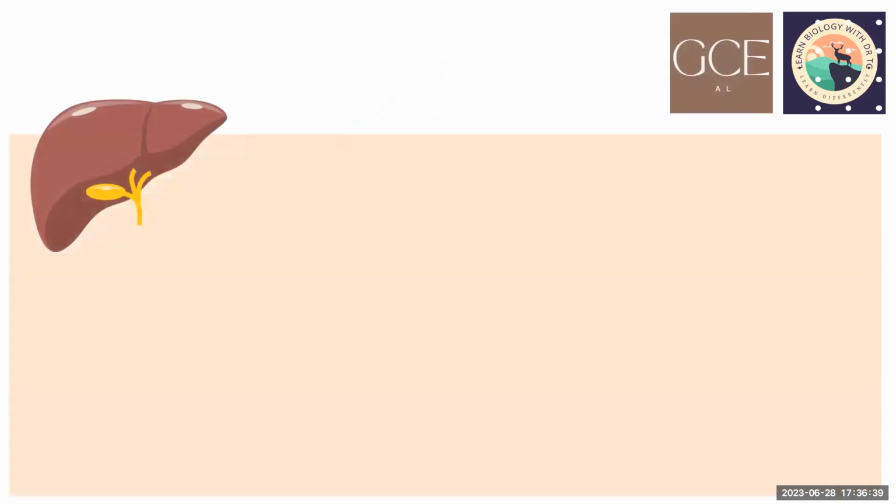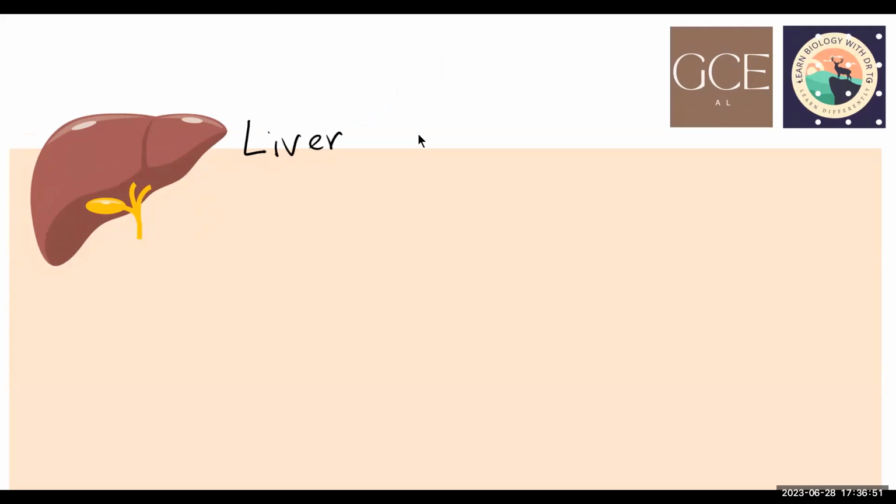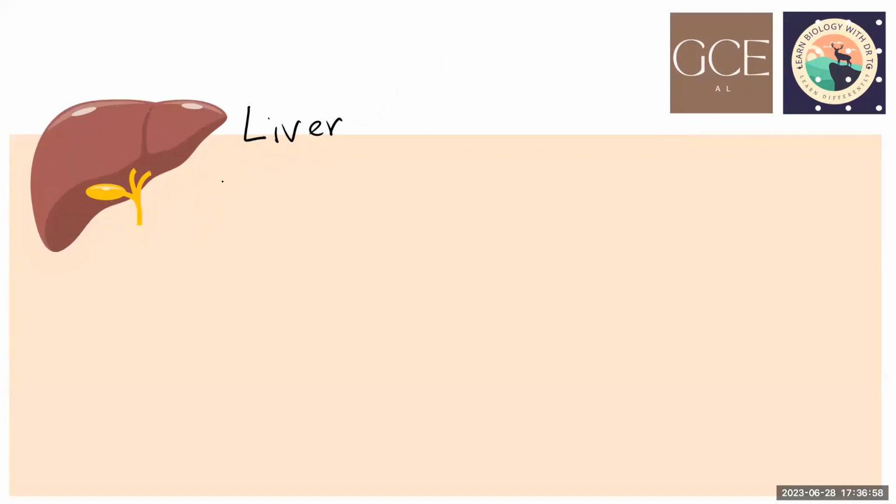Okay, now we are coming to the 4th level. Not the kidney this time, the liver. It's not the kidney, it's the liver. The liver again produces a protein.